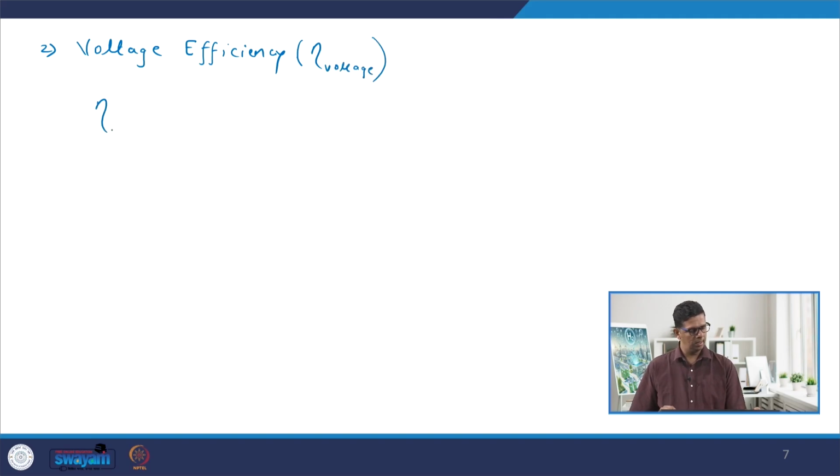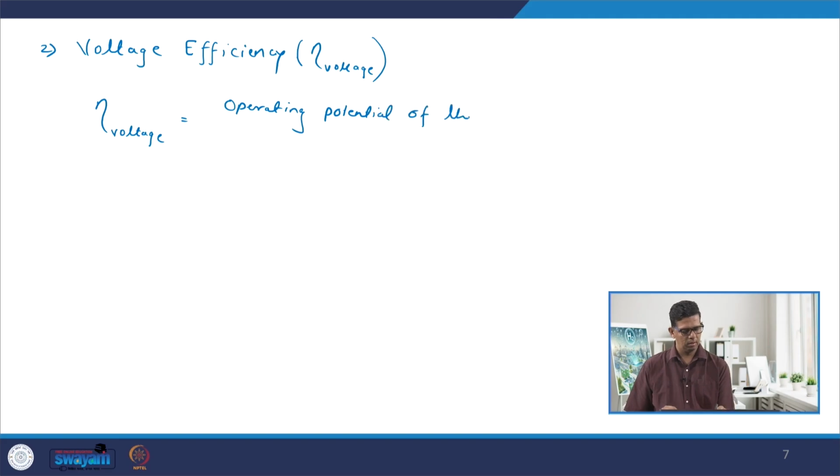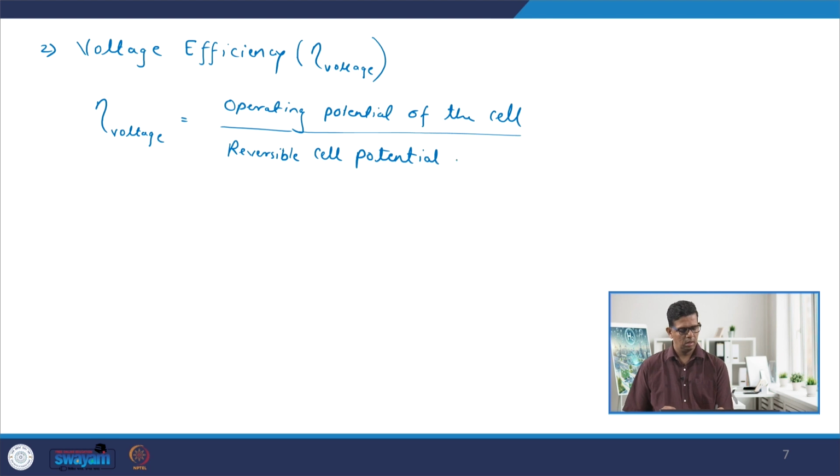This is nothing but the ratio of the operating potential of the cell divided by the reversible cell potential at STP.